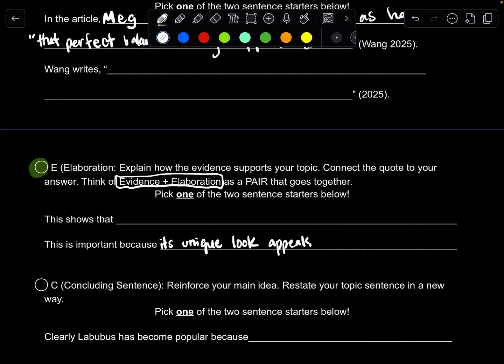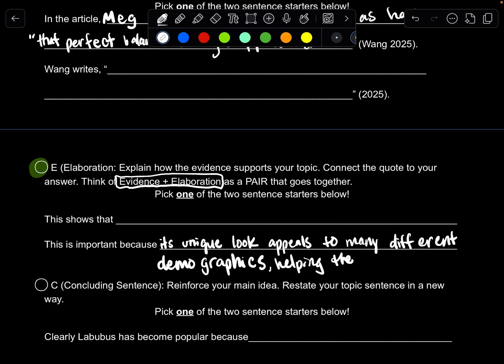appeals to many different demographics, helping the brand reach a wider audience.